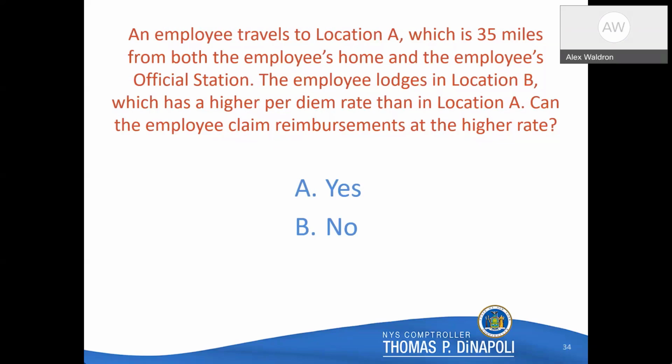Awesome, awesome. All right, yeah, so the answer here is A. The employee would be entitled to the per diem in location B, which is where they lodge. And as a reminder, this should be in the best interest of the state, and there should be a documented business justification.